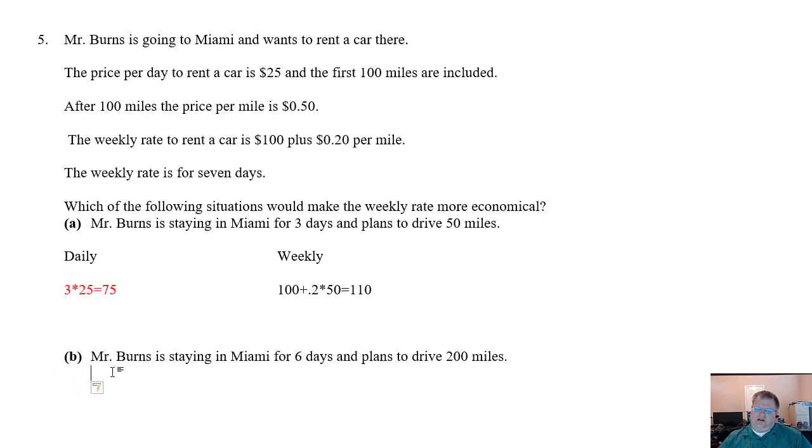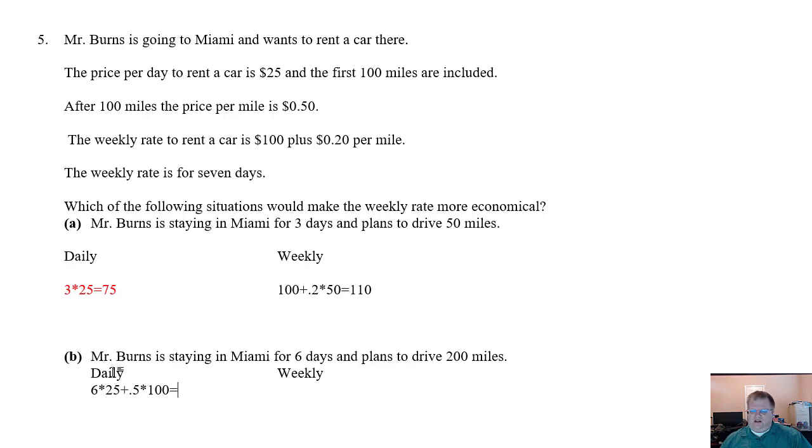Okay, so scenario B, let me break this into daily and weekly as well. So daily, we're going to go 6 days. So 6 times 25, and we're going to drive 200 miles. Okay, so the first 100 is for free, and 100 miles after that is 50 cents a mile, so that'd be 0.5 times that second 100.